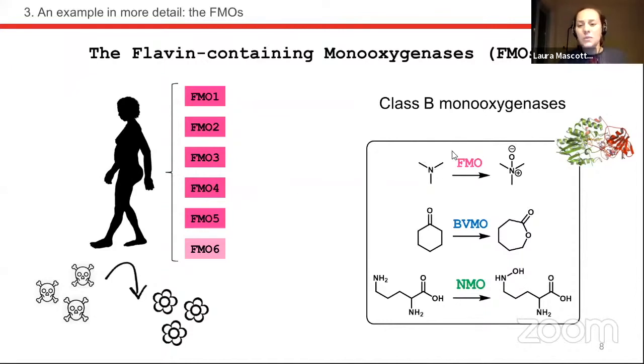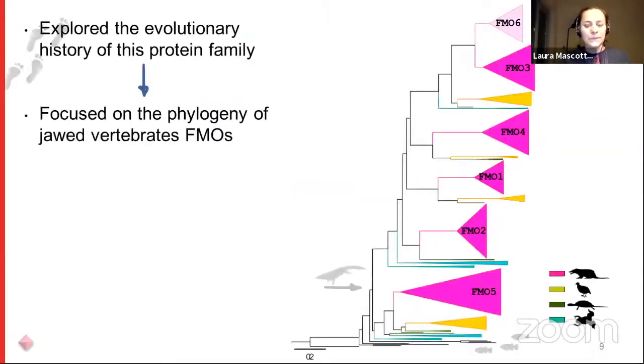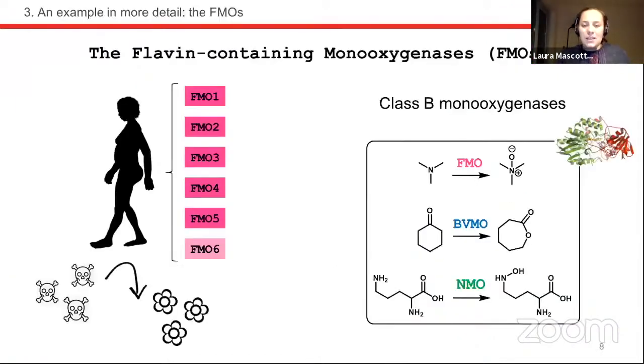But FMOs are actually part of a bigger class of monooxygenases, which are class B monooxygenases. All of them are FAD-dependent enzymes that use NADPH as hydride donor, and they are related to Baeyer-Villiger monooxygenases and N-hydroxylating monooxygenases. So when we decided to go for these proteins, why was that?